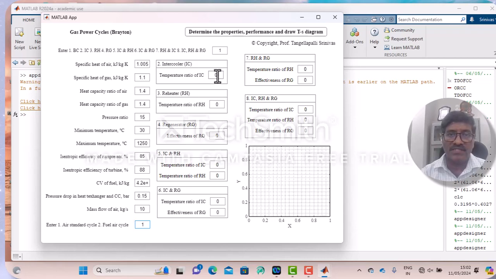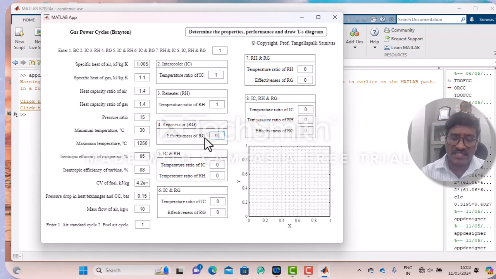And this model is extended with the options of intercooler. The temperature ratio of the intercooler is defined as the intercooled temperature to the compressor inlet temperature. If it is one, that means a perfect intercooling. Similarly, reheater temperature ratio is also defined here. That is the reheater temperature by turbine inlet temperature. Here also it's defined as one, which means the turbine inlet temperature and reheater temperature are both the same.